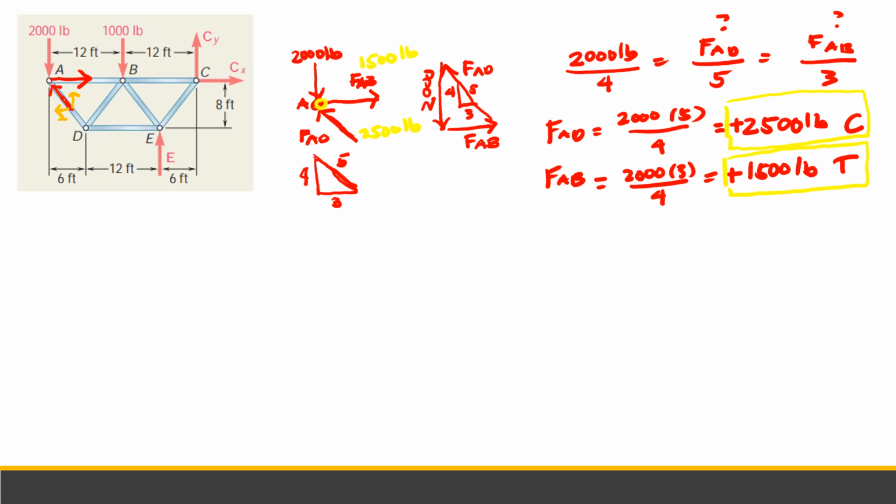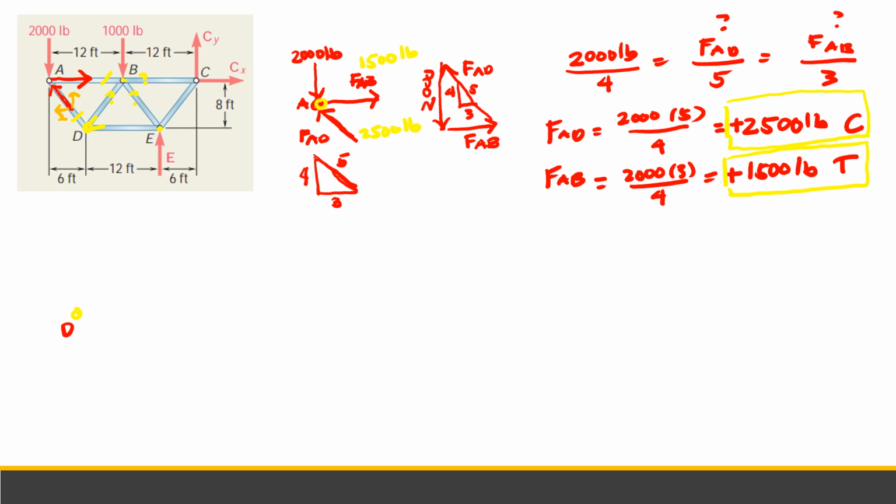Okay, so if sa B tayo, meron na tong value that is 1,500 pounds in tension, and this is unknown, this is unknown, this is unknown. So same goes for letter E, tatlo yan. So dito tayo sa letter D kasi meron na tayong value for member AD, and so dalawa na lang yung hahanapin natin.